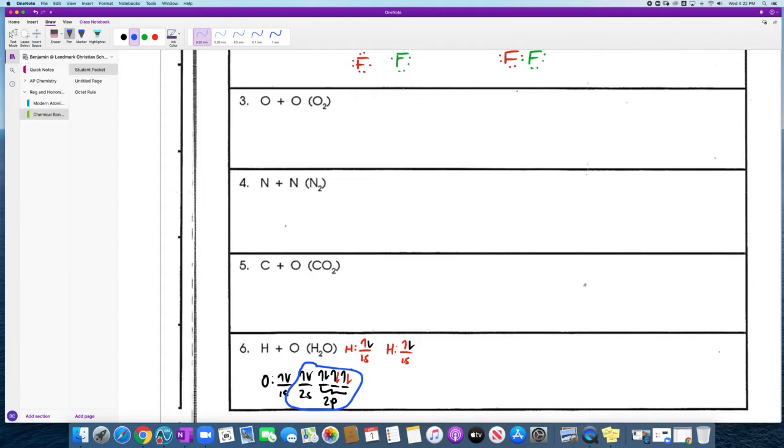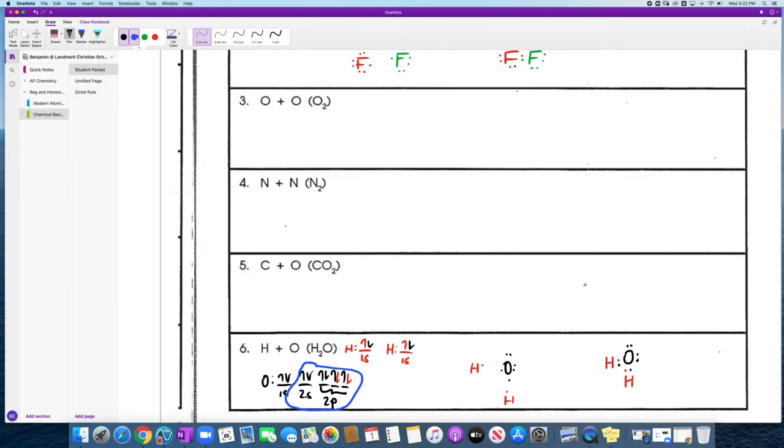So what would the dot diagram look like? Well, here's oxygen. It's got 6 electrons, and here's a hydrogen atom with its 1 electron, and I'll put the other hydrogen atom here. And we can imagine those atoms moving in closer to one another. And now we've got a situation like this, where oxygen and hydrogen are bonded up together.